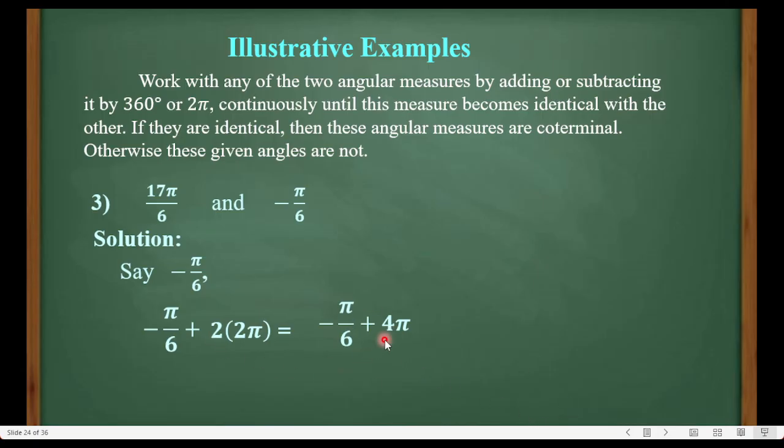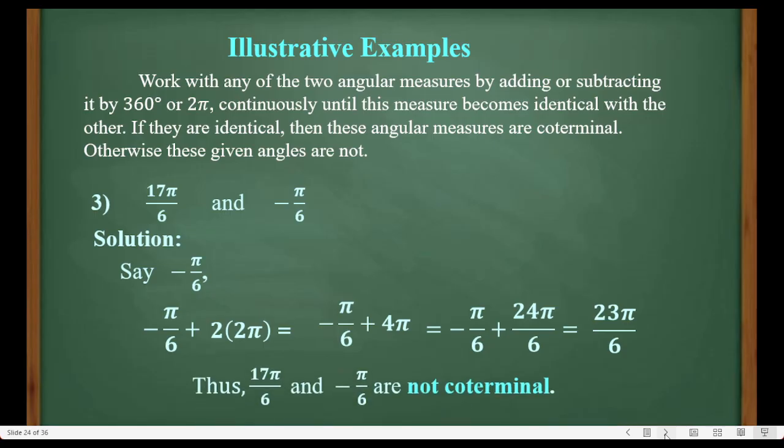Then we get the LCD, which is obviously 6. Then we make the two terms similar fractions with the same denominator of 6, and carry out the indicated operation. And that is 23 pi over 6, which is not the same as 17 pi over 6. Therefore, the pair of angles in this number are not coterminal.